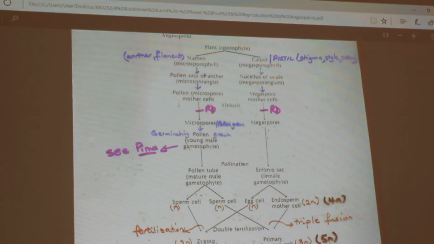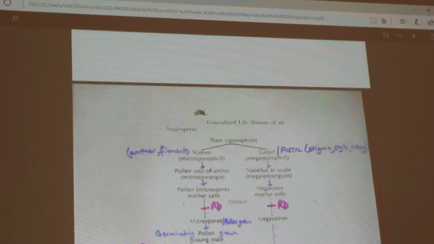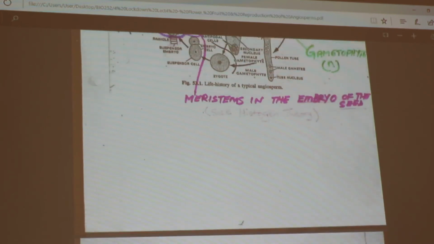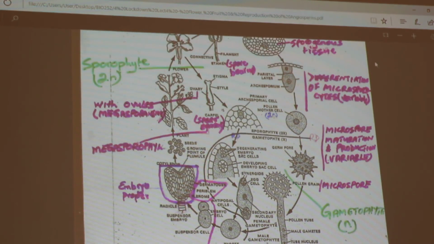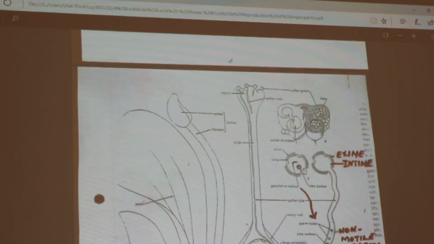This is the life cycle of an angiosperm in words, and this is the life cycle of an angiosperm with diagrams. You can use words for things that are not complicated, but when it comes to stuff like this, please use the diagrams when it comes to the embryo sac maturation.